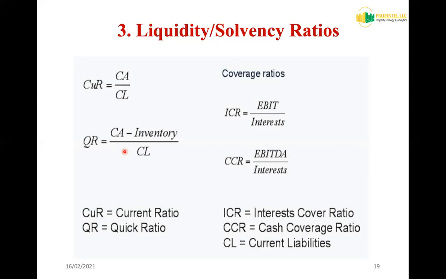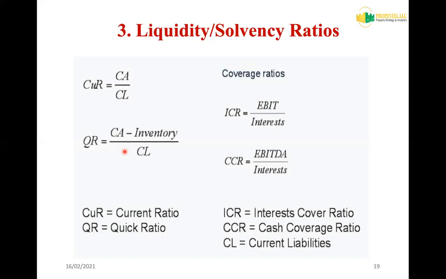So if a company called XYZ has 8 million Ghana cedis in current assets minus 2 million Ghana cedis in inventories over 4 million Ghana cedis in current liabilities, that's a 1.5:1 ratio, actually.